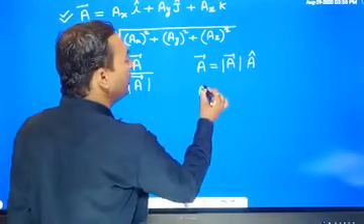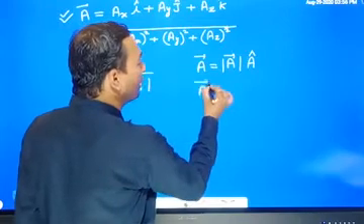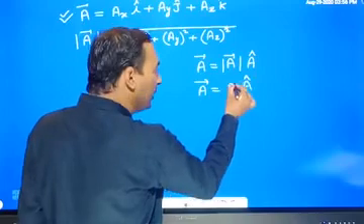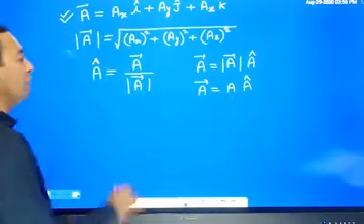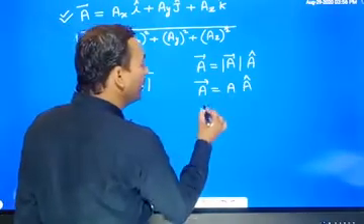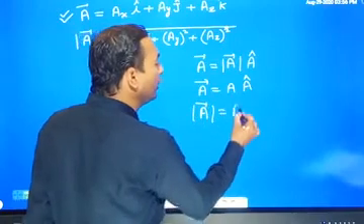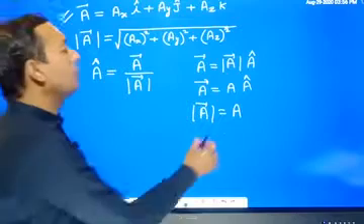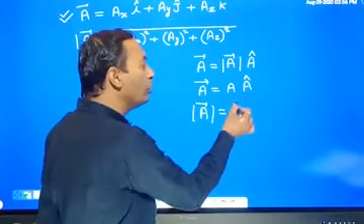So what is A? We can also write it like that, A cap. Here this A is the magnitude of the vector, meaning we can also write magnitude of vector A equal to A. This also shows the magnitude of this vector A, because we don't use an arrow or a cap here.